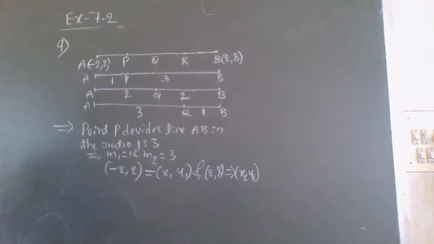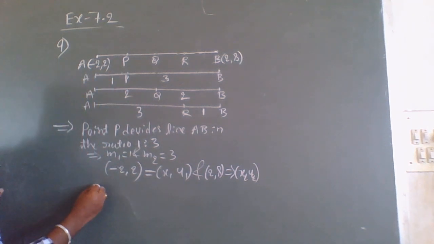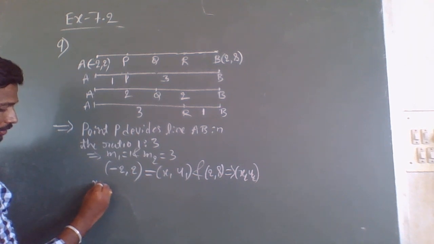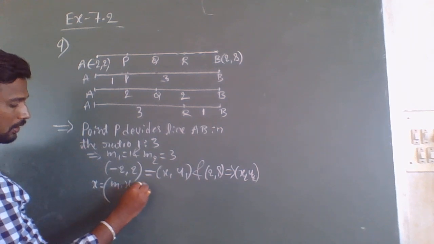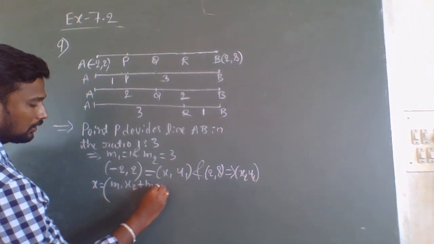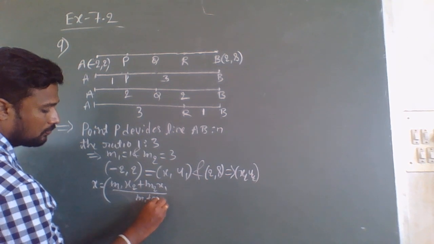So now we will calculate x and y coordinate values of point P. So here x equals, what is the formula, m1 into x2 plus m2 into x1 divided by m1 plus m2.